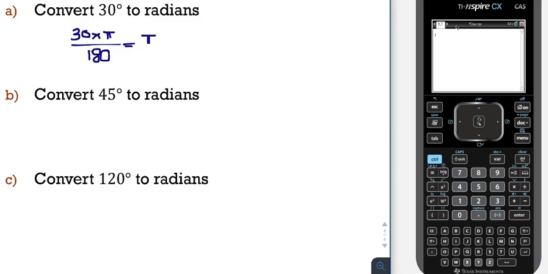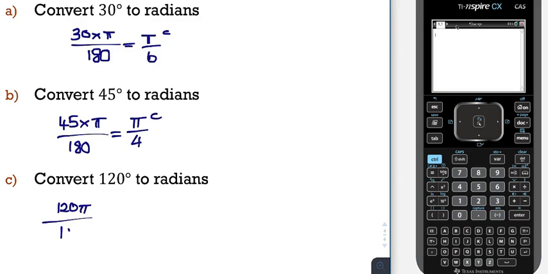Doing some simplification, you get pi on 6. Radians has a symbol of a little c, so I've put my little c there. 45 times pi divided by 180 is pi on 4, and 120 degrees converts to 2 pi on 3. Now note all of these have the little c to represent radians. I'll talk about it a little bit later, but you actually don't need to show that c for radians.